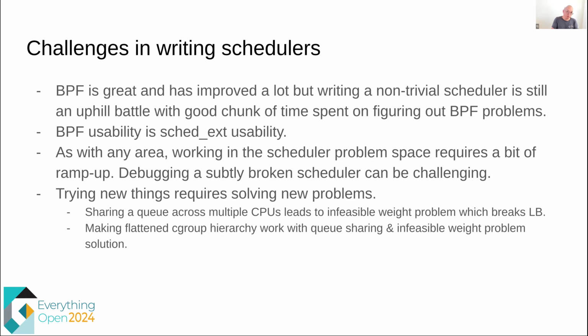And that's relatively new to what we used to be doing, and it introduced new problems, where load balancing between queues which have multiple CPUs in them has its own kind of mathematical problems in terms of calculating load and comparing them. So you're just facing these new problems because you're trying new things. So that takes a lot of time too. But there's also the fun part, right? So you get to solve new problems.